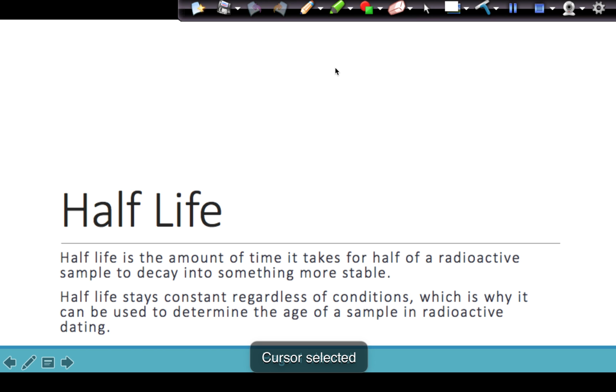For half-life, we are talking about the amount of time it takes for this natural transmutation to happen. Half of the atoms that were cobalt 60 would turn into atoms of nickel 60 in one half-life.